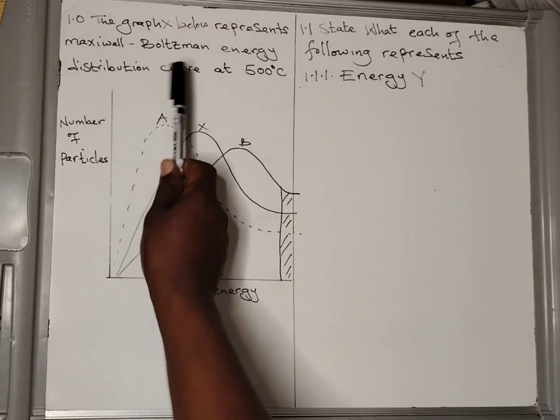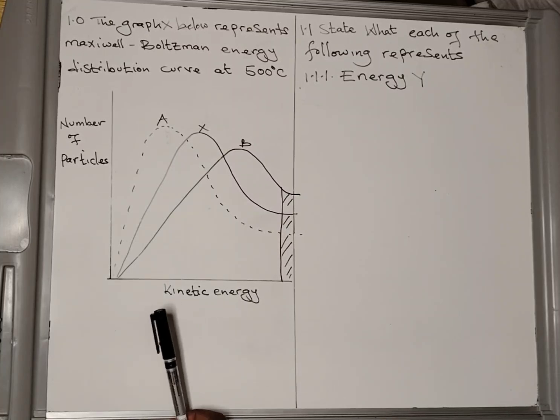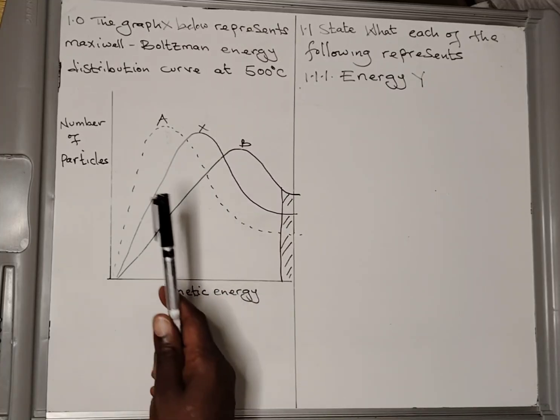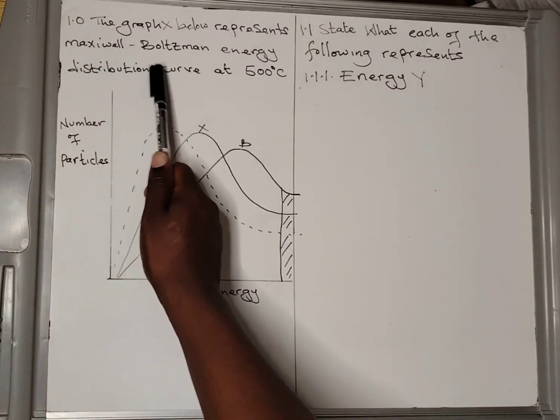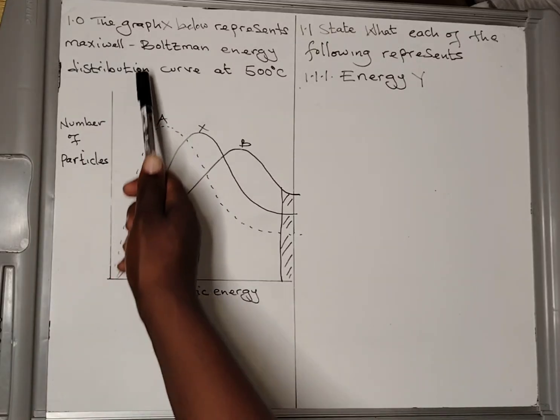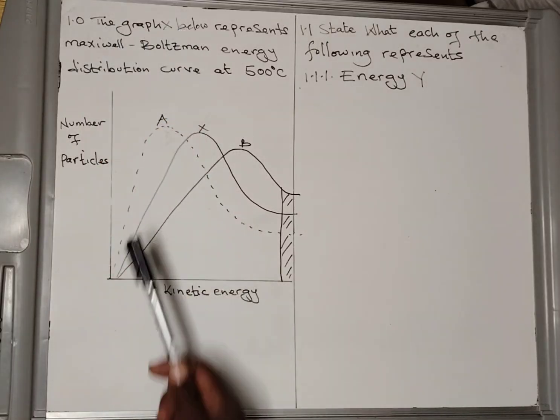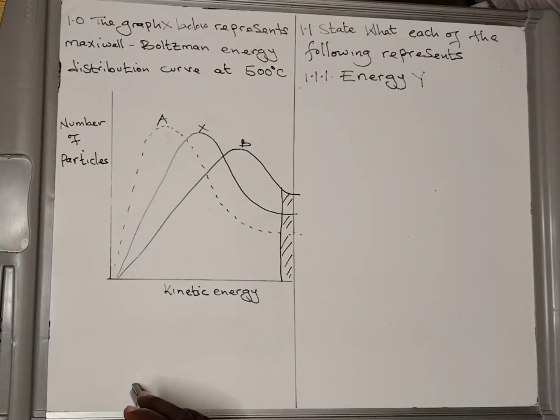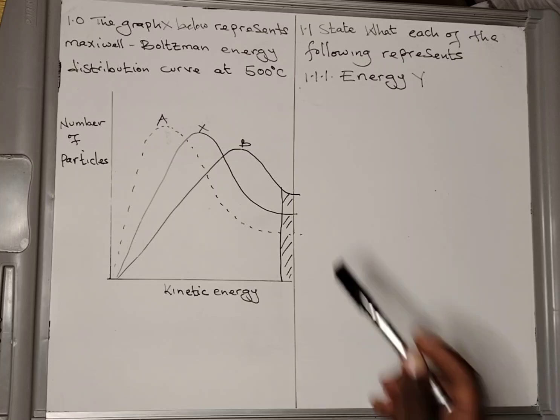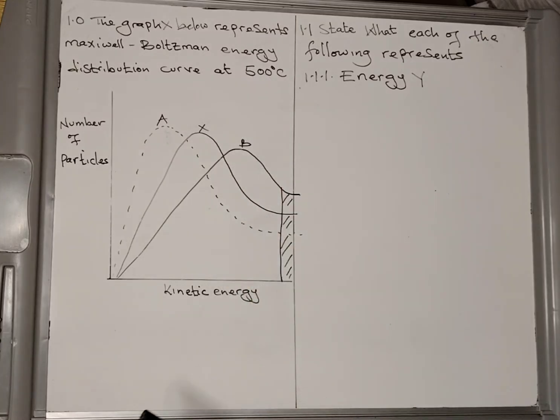So we are looking at this question. It comes from the rate of reaction. And let us look at the statement. The graph X below represents Maxwell-Boltzmann energy distribution curve at 500.